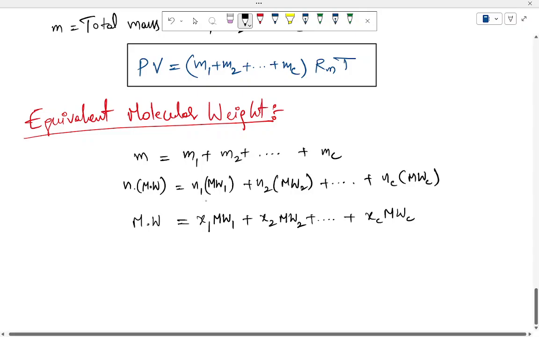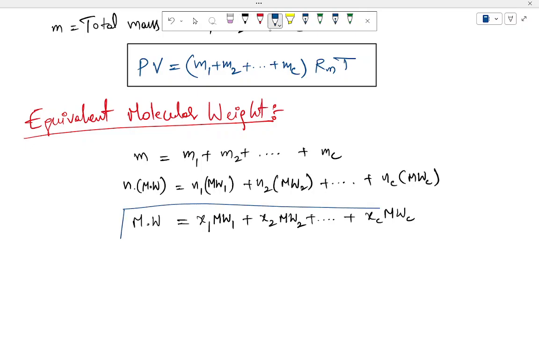So this is how your expression will be for equivalent molecular weight.